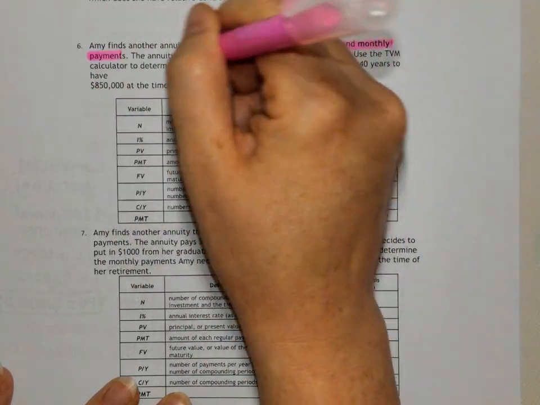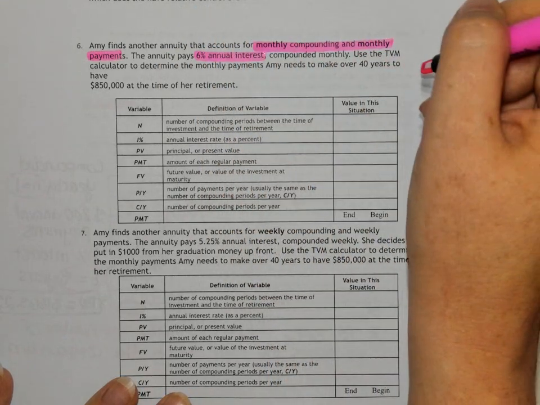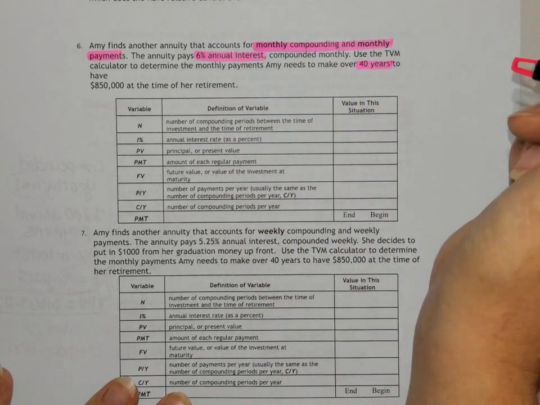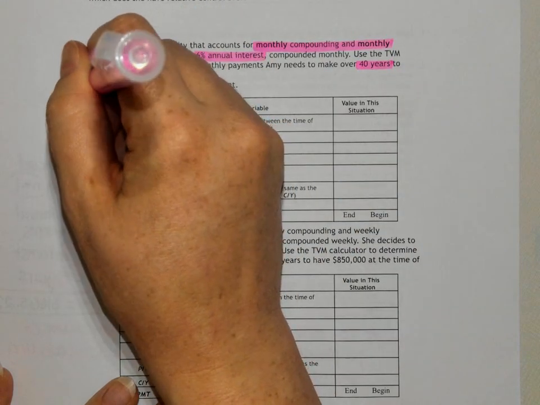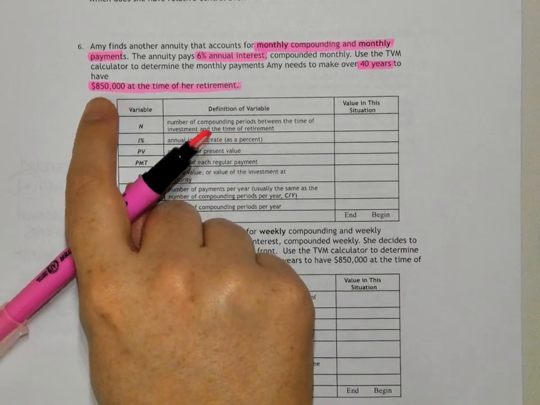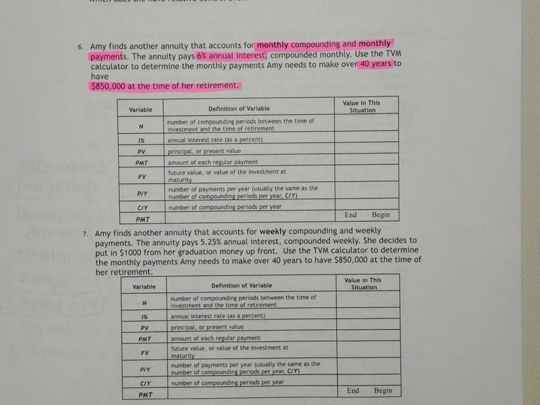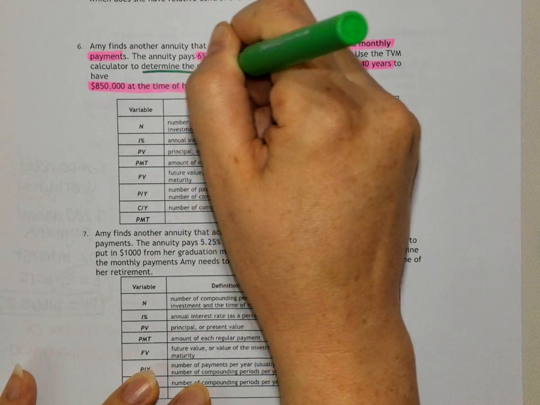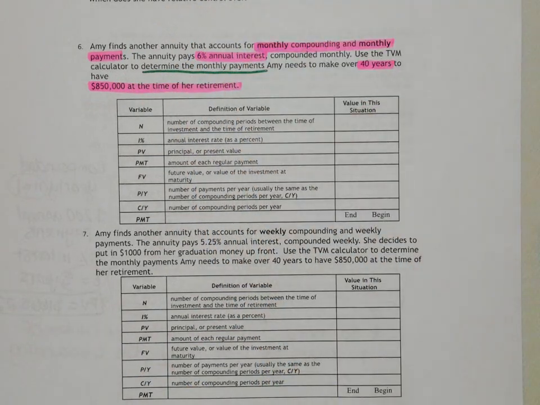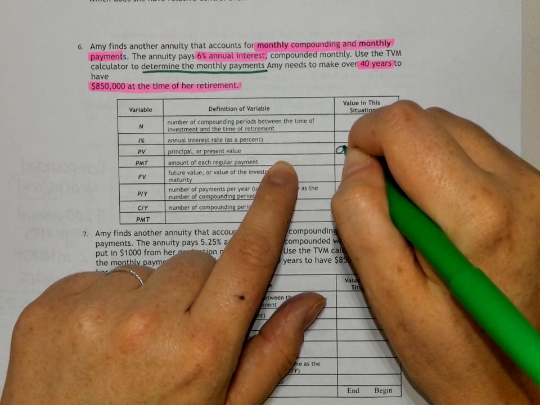The annuity pays 6% annual interest, and the time is we're saving for 40 years, and this time we know what we want our future value to be. We want the future value to be $850,000 at the time of retirement. What we're trying to figure out, it says determine the monthly payments. So this time, the PMT is what we're solving for.